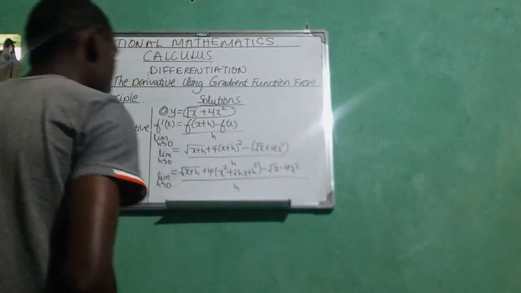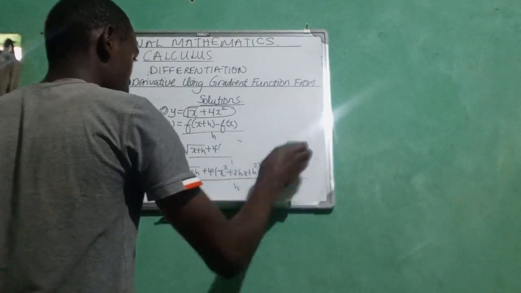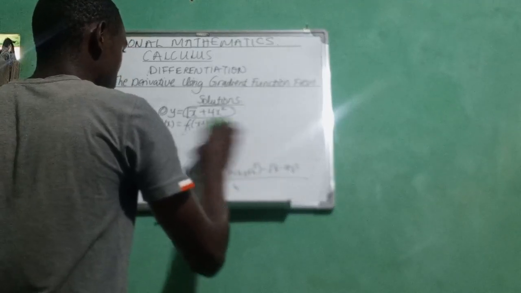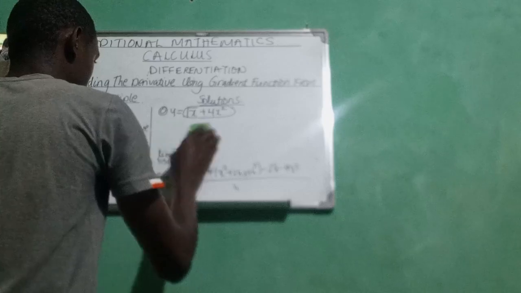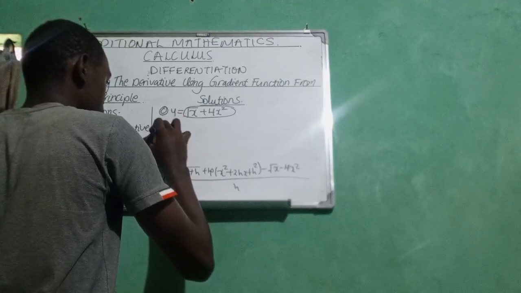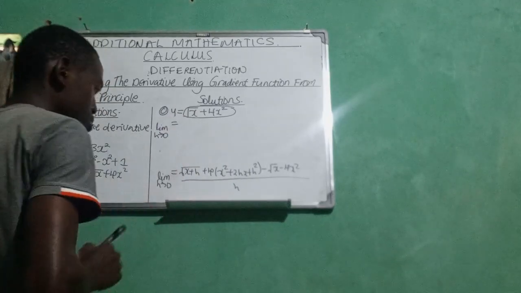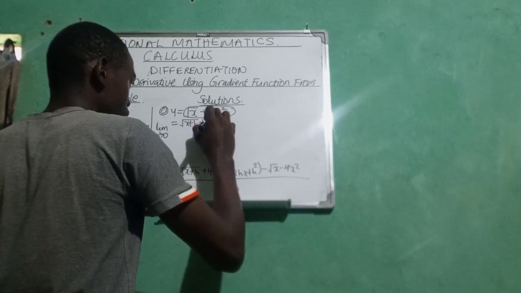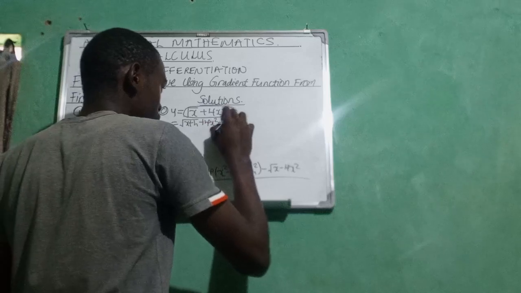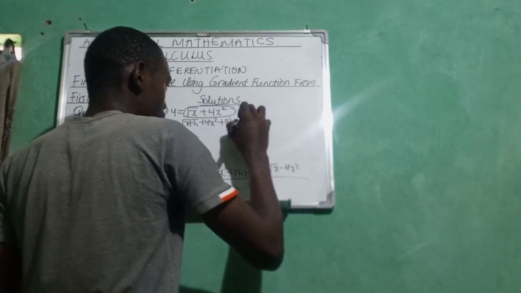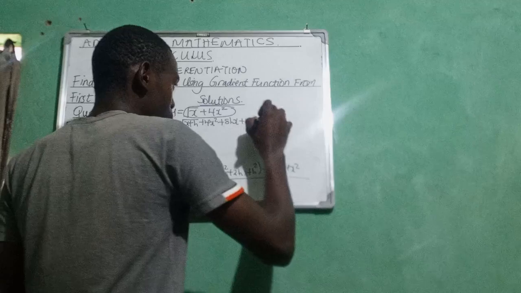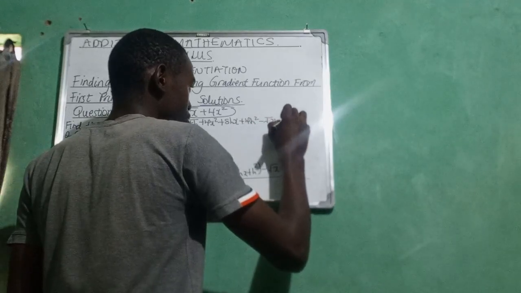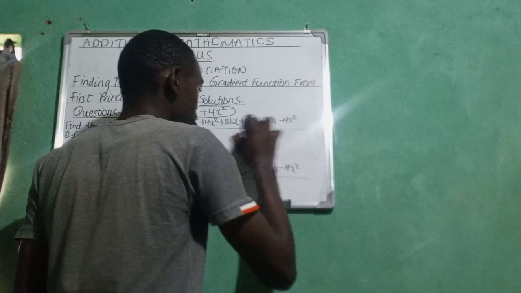To continue, we can clean up. We are taking the limit as h approaches 0 of square root of x plus h plus 4x squared plus 8hx plus 4h squared minus square root of x minus 4x squared, and we divide everything by h.